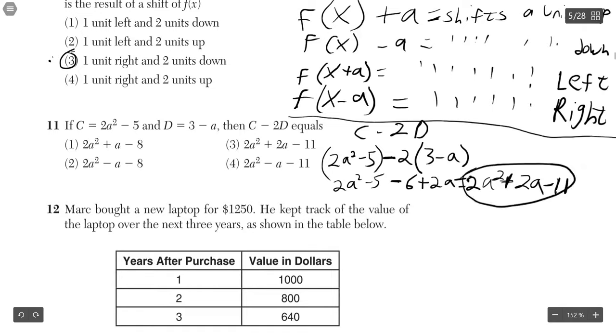Now, a little trick for doing this would be to give a value. So let's say we assign a value of 2.